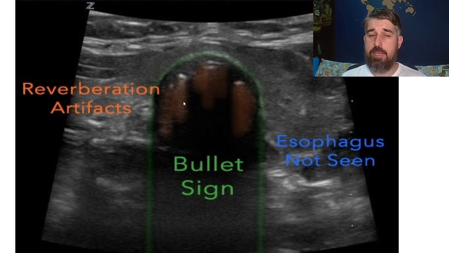These reverberation artifacts tend to indicate that the tube is in the right place, especially if you're doing it dynamically. You move the tube a little bit and you see these artifacts moving with it. It's a very good sign.